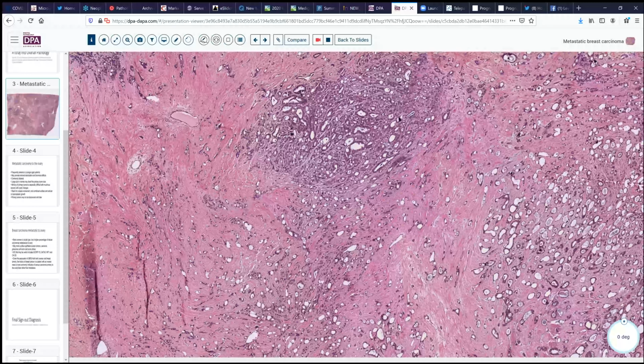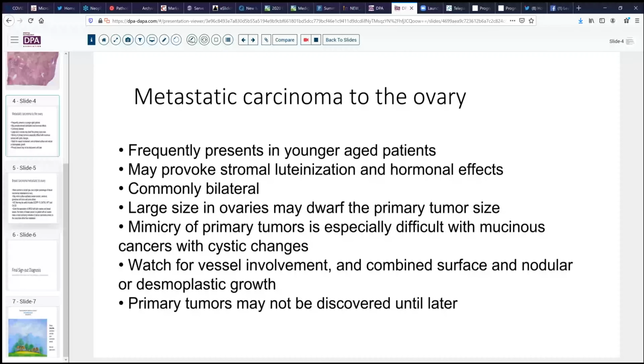CDX2, of course, would stain many colonic and enteric tumors. And we might also look at things like PAX8 or WT1, CA125 as potential markers. And those would usually give us our answer. GCDFP15 is also a consideration.